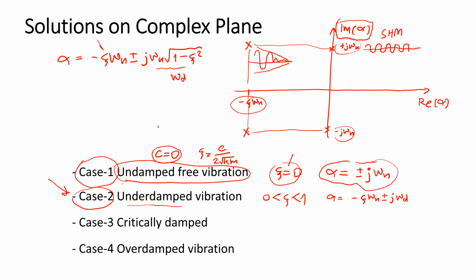And in the critically damped case, when the damping ratio is exactly equal to 1, alpha, the imaginary part is going to be 0. We're going to have only the real part.